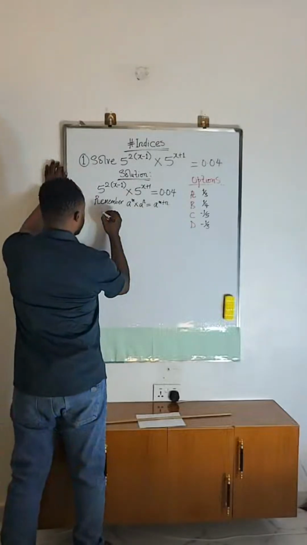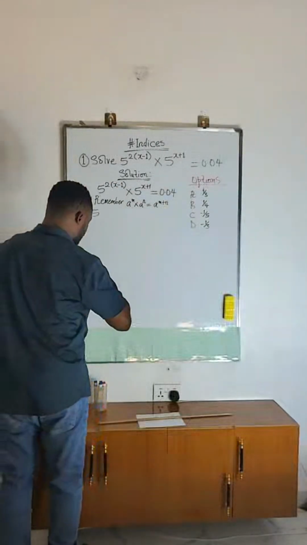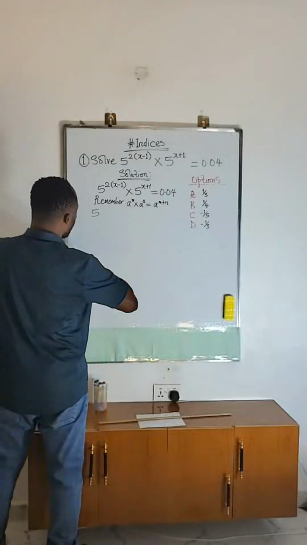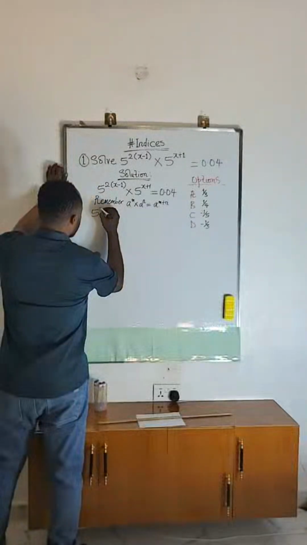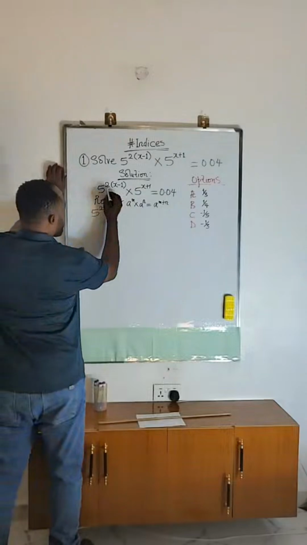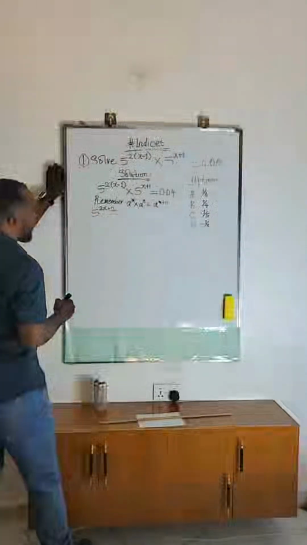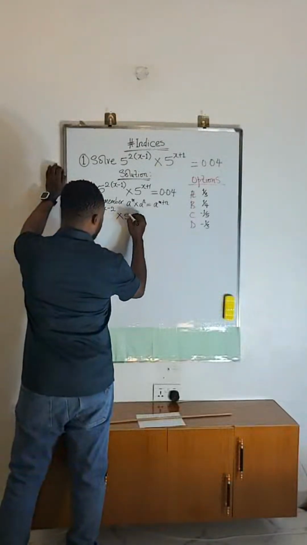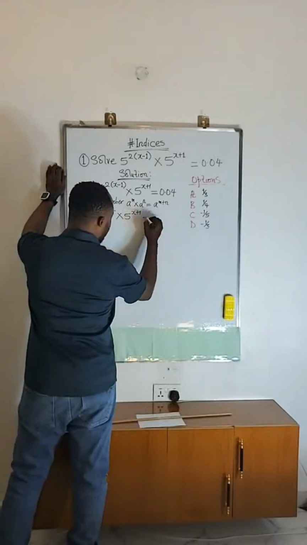So let's see. First of all, on the left-hand side, we are going to change it. This will multiply inside. 2 times x is 2x. Now 2 times minus 1 is minus 2. Multiply by 5 raised to the power of x plus 1.